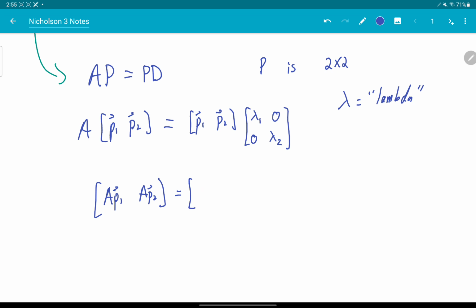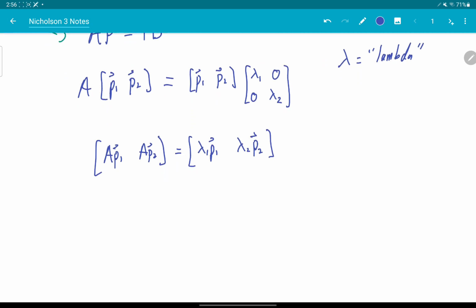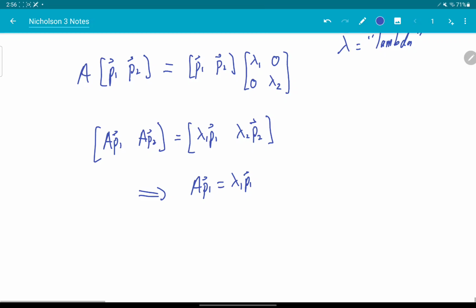So lambda 1 is going to hit this column, and lambda 2 is going to hit this column. All right, what's the point of all this? Well, now we have column equal to column. So we get A times P1 is lambda 1 times P1, and A times P2 is lambda 2 P2.